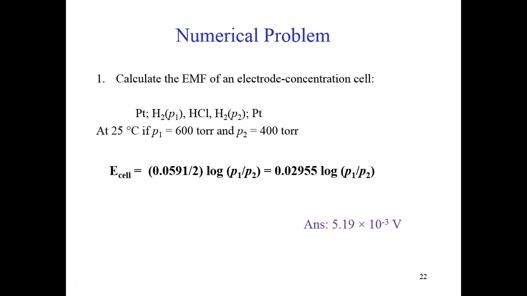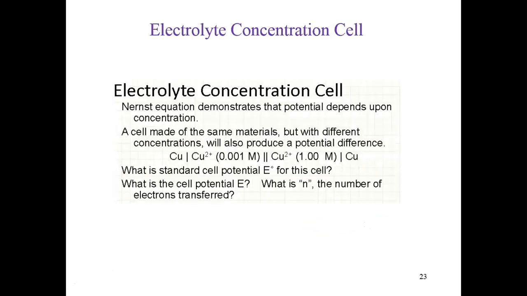Right. So you can try more numerical problems like this. So the second part is the electrolyte concentration cell. As the name suggests, here there is a change in concentration of electrolyte. So this type of concentration cell is one where the electrodes differ in the electrolyte concentration.